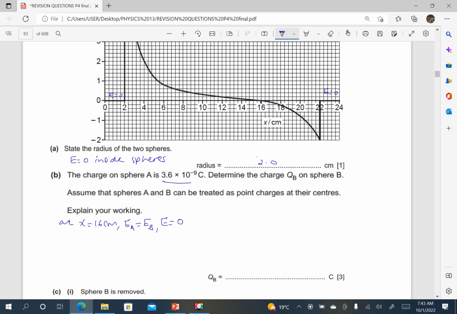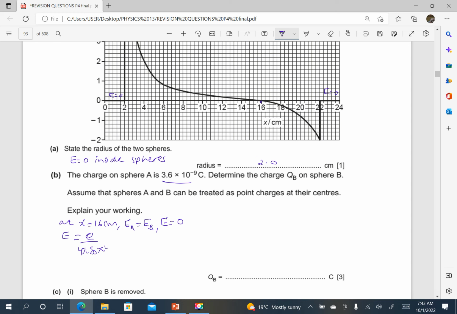So we can equate the values of E. Remember, electric field strength is charge over 4 pi epsilon naught x squared. So we are going to equate.